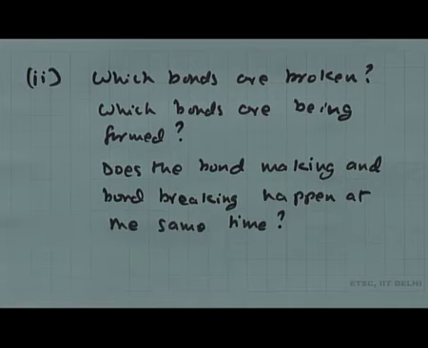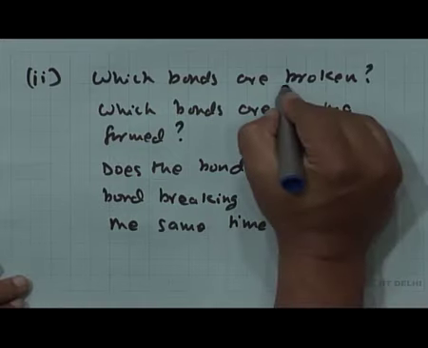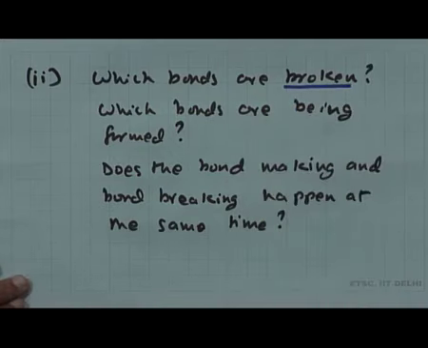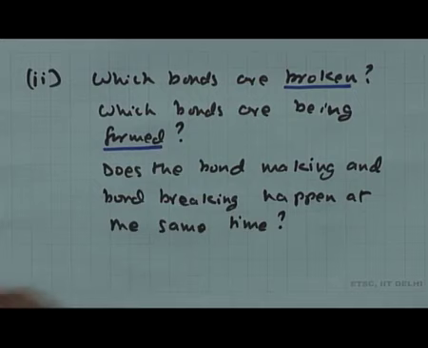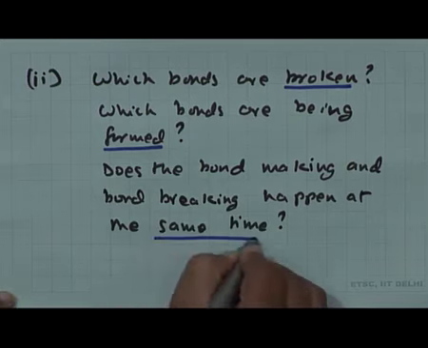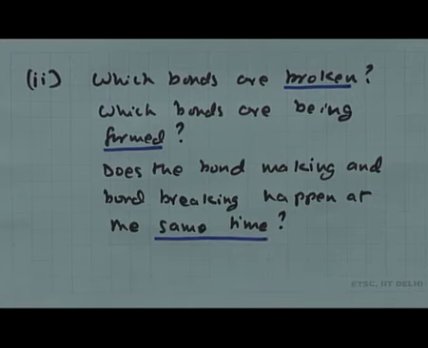So, what are the things you are asking? Which bonds are broken? Which bonds are being formed? And then, do these two processes, bond making and bond breaking, happen at the same time? See, you are given a reaction. The first question you ask is whether it is a single step or a multi-step process.